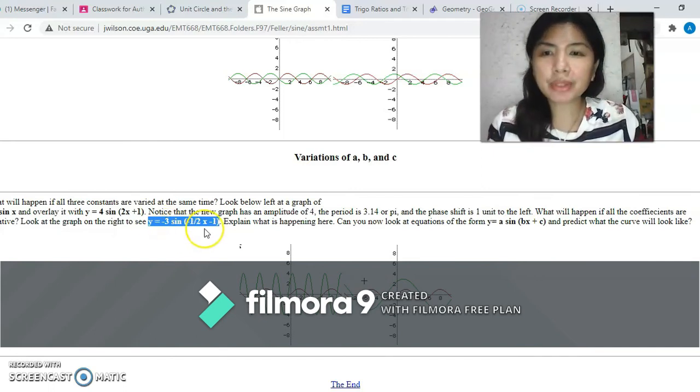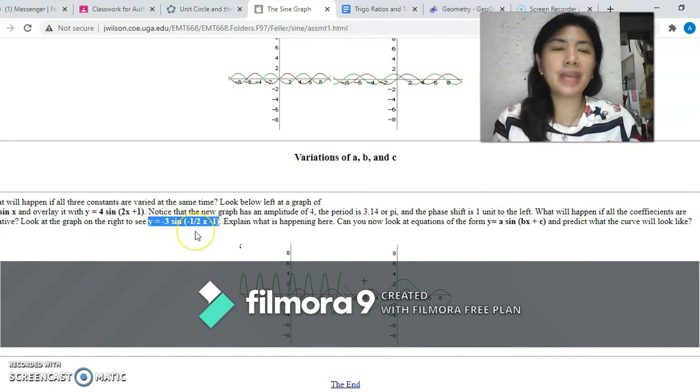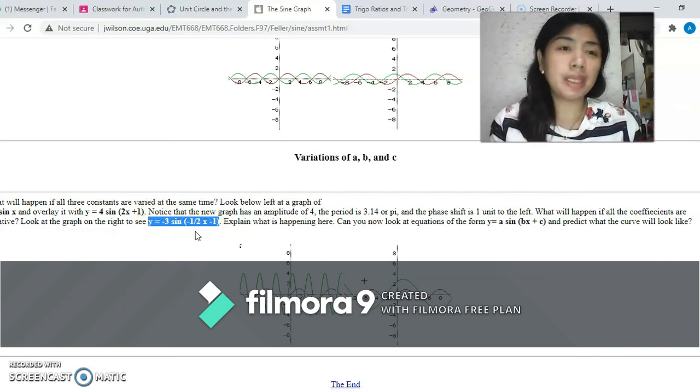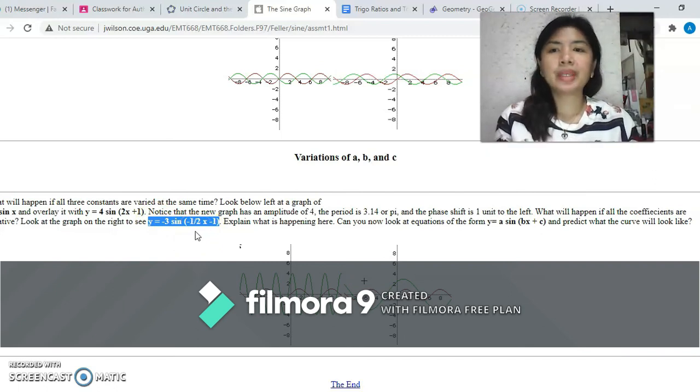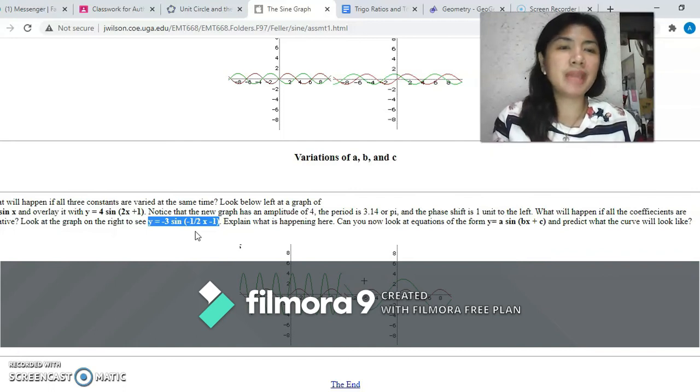With this example though, we have negative B. The behavior of the shifting varied.